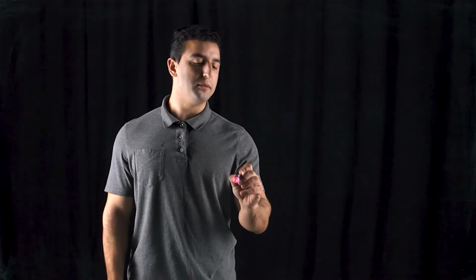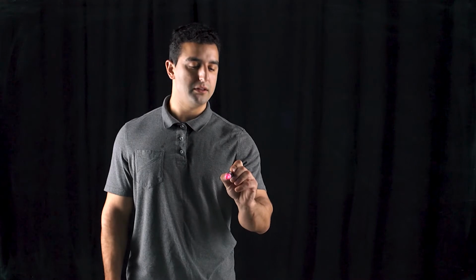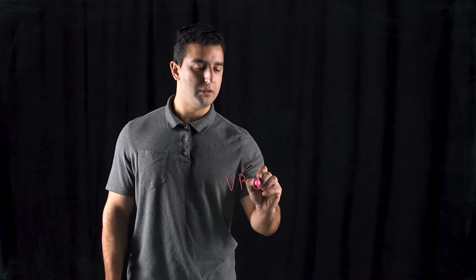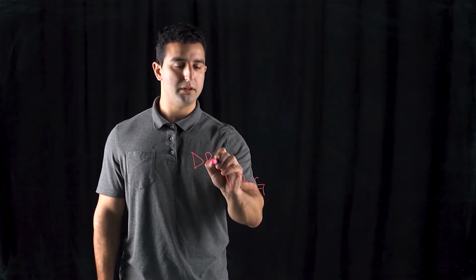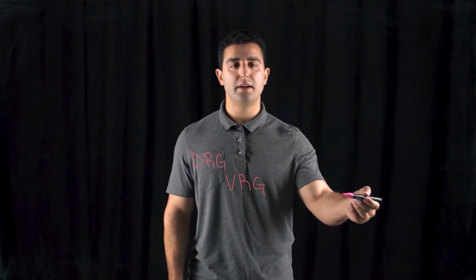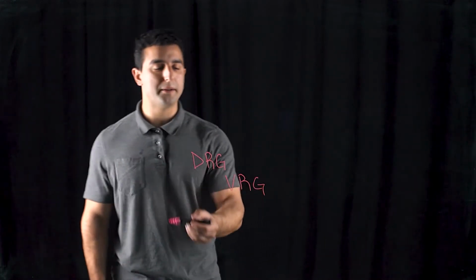Starting from the bottom, I'm going to write the ventral respiratory group and the dorsal respiratory group. Ventral means toward the front, dorsal in the back.